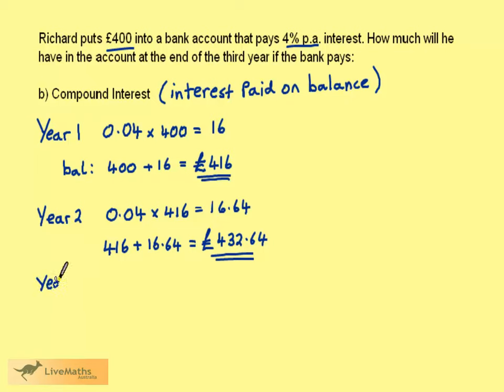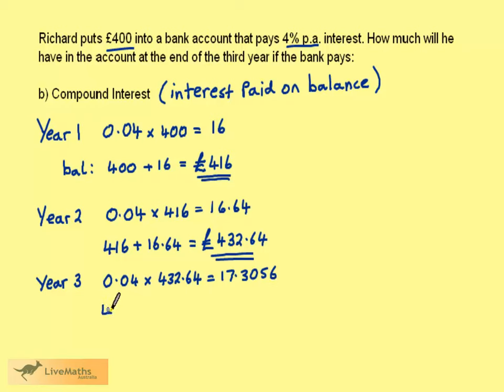Now consider the third year. The balance for the start of the third year needs to be multiplied by 0.04, the balance at the start of the year, is £432.64. Calculating this gives us the interest for the third year, which is 17.3056.